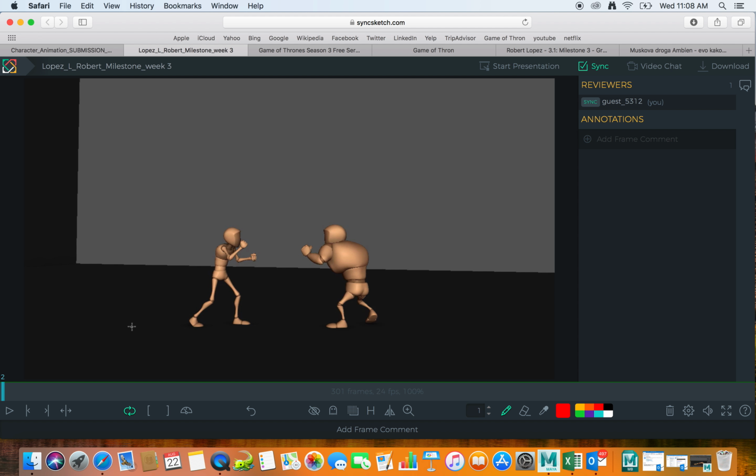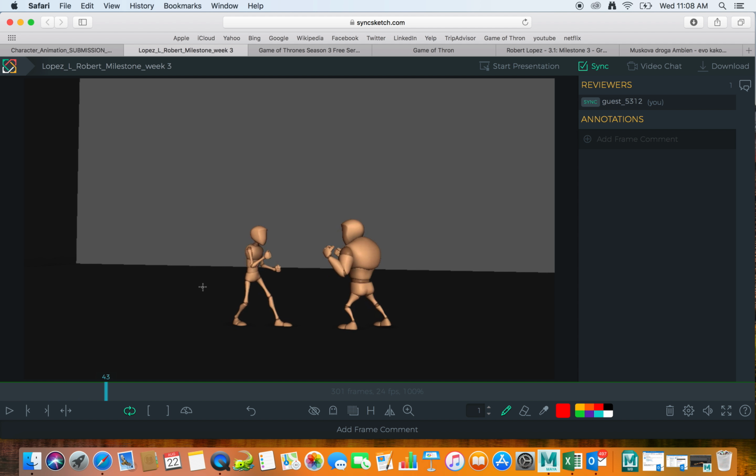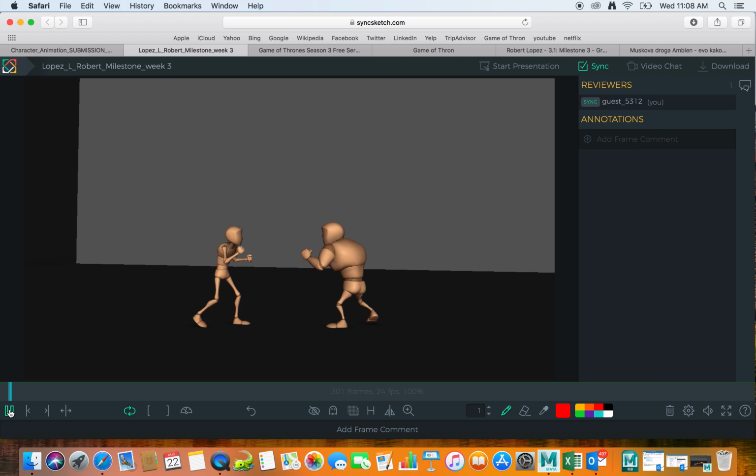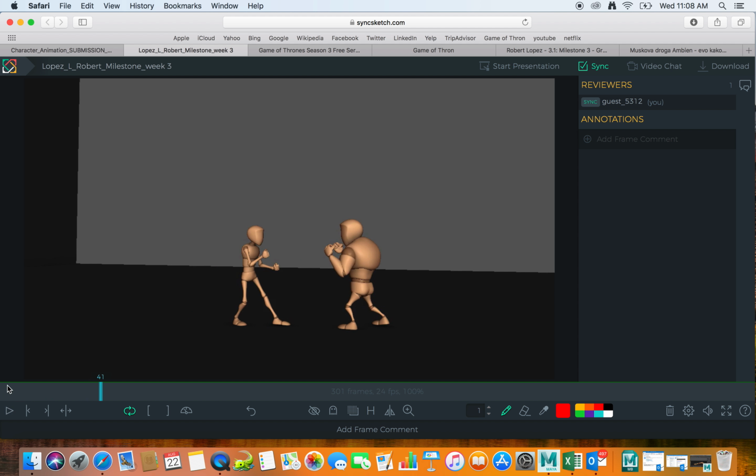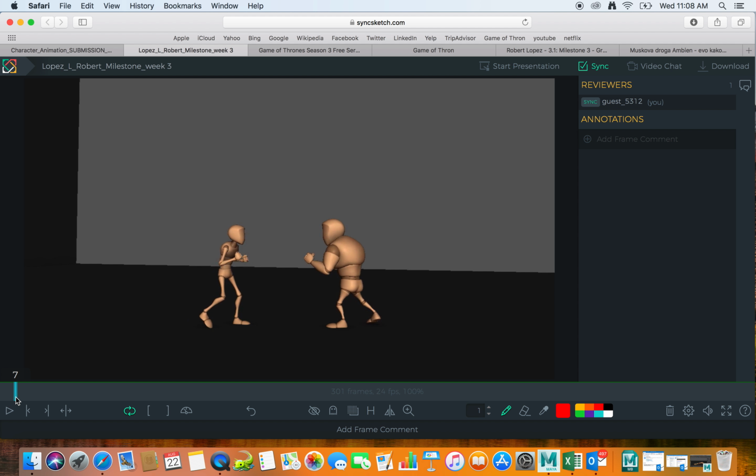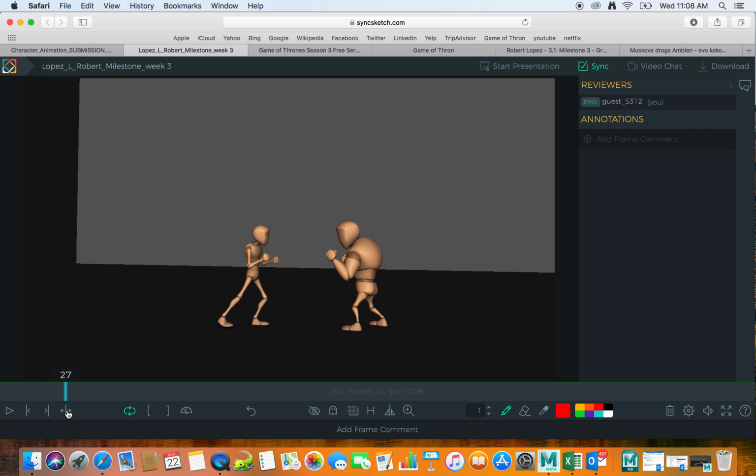Let's talk about animation. So let's talk about the small guy first. As he is walking forward, I would say it looks pretty good. The only thing that bothers me is his back foot, where it looks like he's been injured and he's kind of pulling that leg after him. You see that?